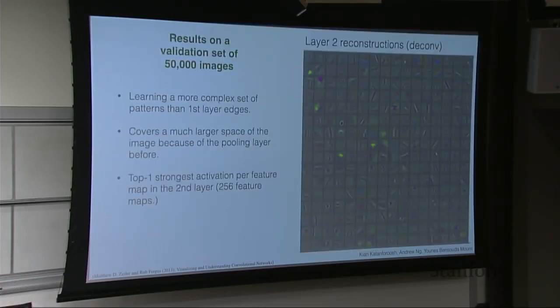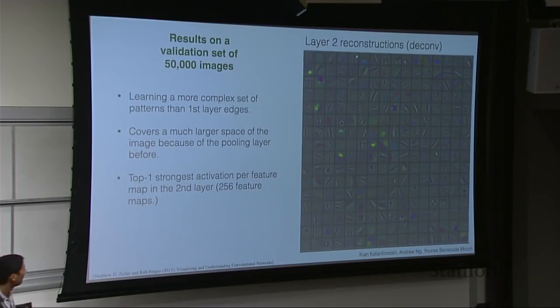So let's go. Results on a validation set of 50,000 images. They took 50,000 images and propagated them through the network. They recorded which image maximized the activation of the feature map corresponding to the first filter of layer 2, then the second filter, and so on for all the filters.